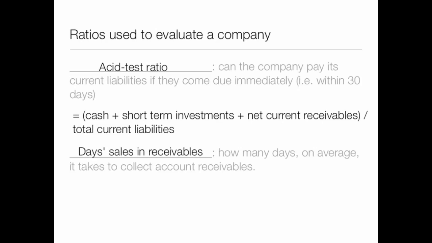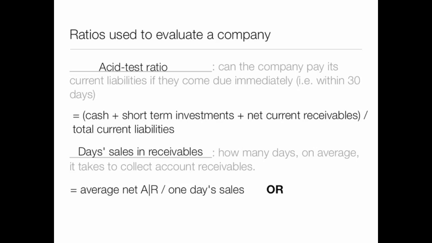Days sales in receivables. This is how many days on average it takes to collect your accounts receivable. And the formula to calculate this is your average net accounts receivable divided by 1 day's sales.